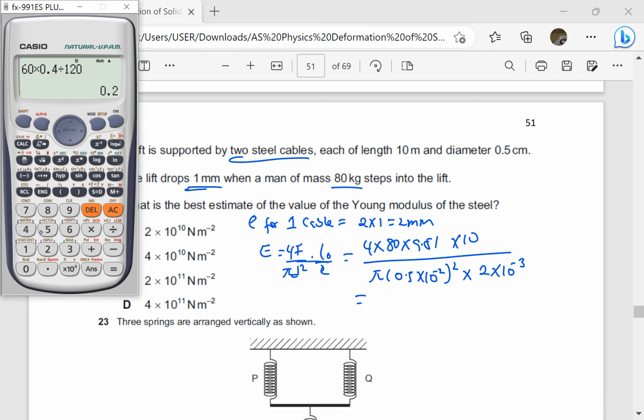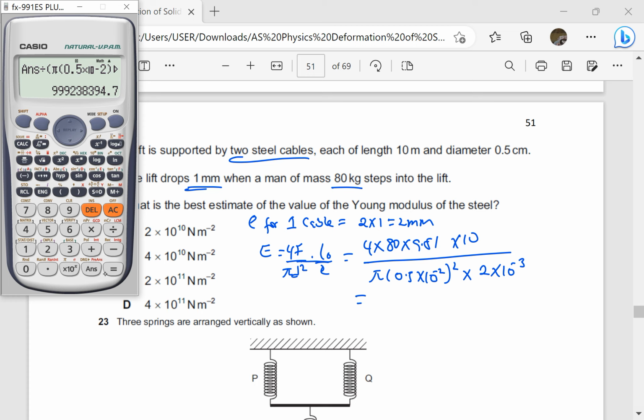So this is going to be 4 times 80 times 9.81 times 10, divided by open brackets, pi into 0.5 exponent negative 2, then times 2 exponent negative 3.